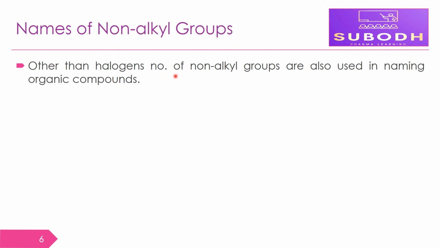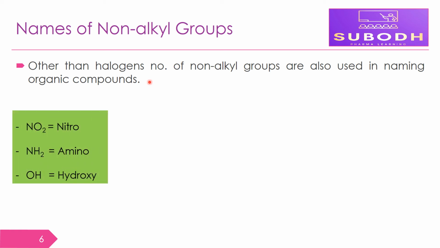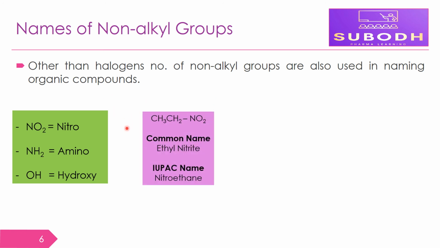Also, there are number of non-alkyl groups other than halogens also used in the naming of organic compounds like nitro, amino, and hydroxy. When nitro group is attached to ethyl, its common name is ethyl nitride, and the IUPAC name is nitroethane.